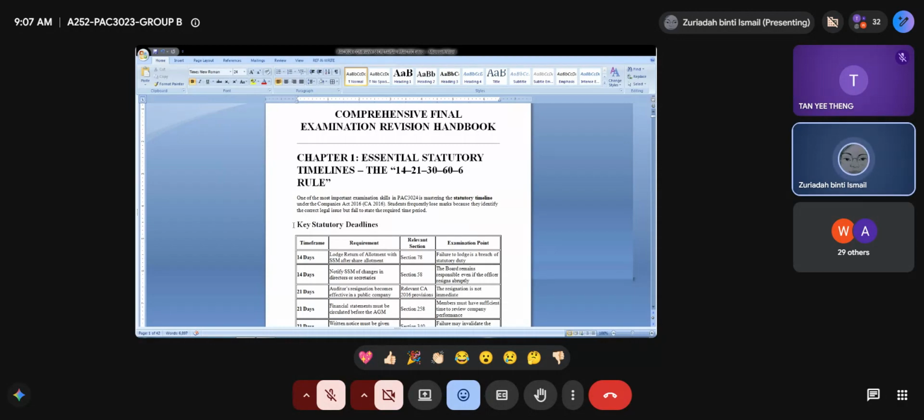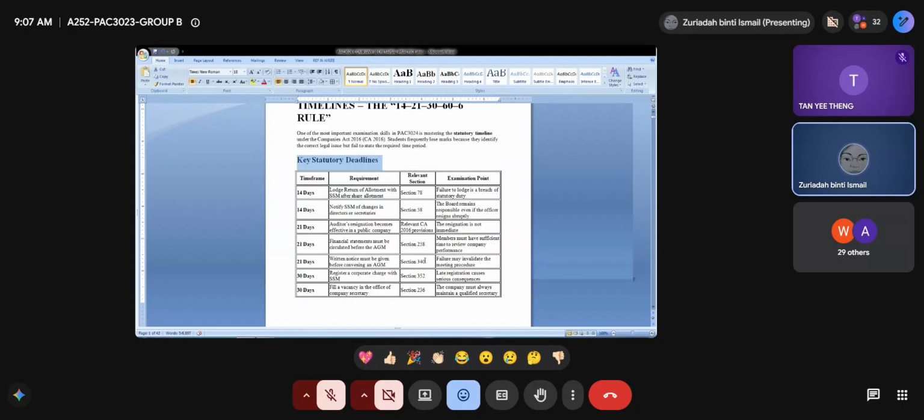This is the key statutory deadline, particularly when it relates to the following sections. These are the sections you have to master.